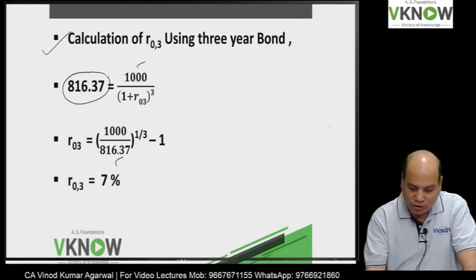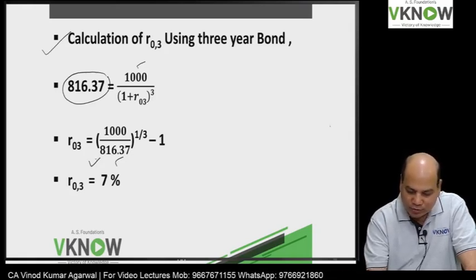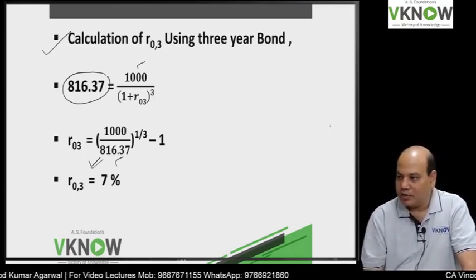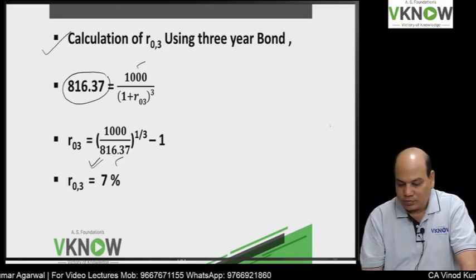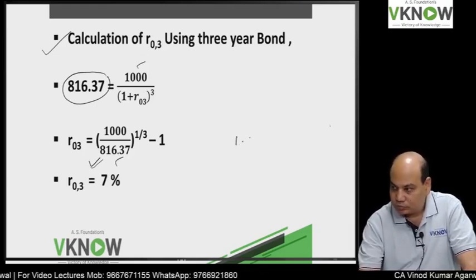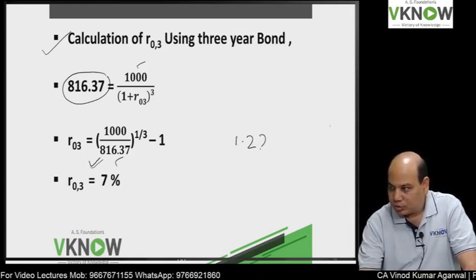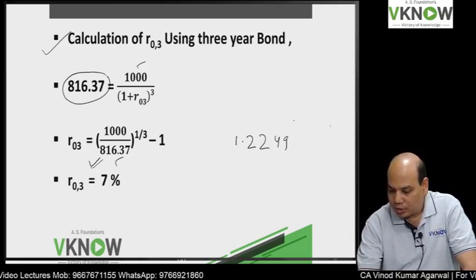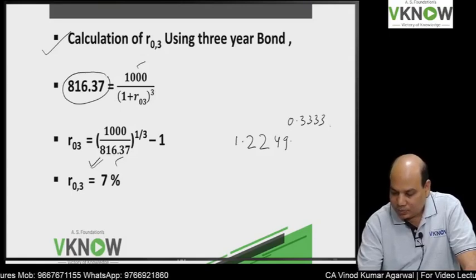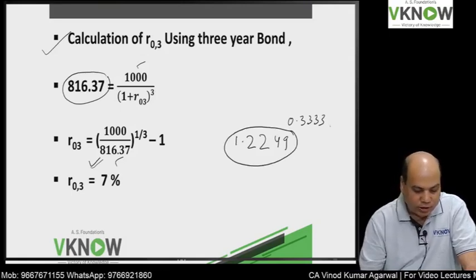Okay. So there is a trick on the calculator: first you type 1000 divided by 816.37. You will get some number, 1.2249 3333. Take the square root of this number 12 times.